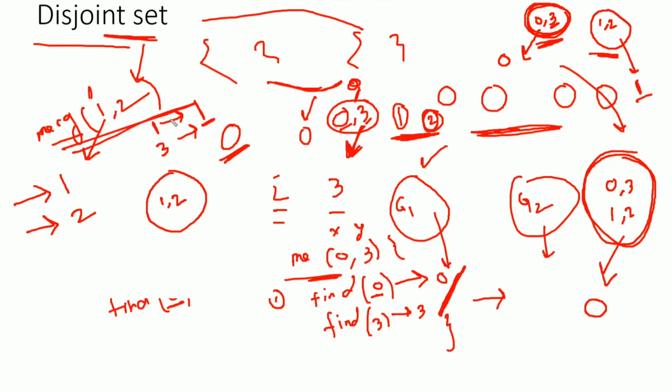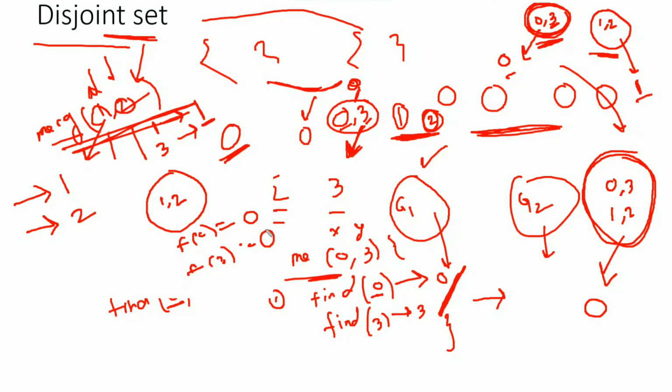Inside the merge operation, for each data I will call the find operation. Suppose I want to merge 0 and 3. The find operation for 0 gives the representative of the group, that is 0.